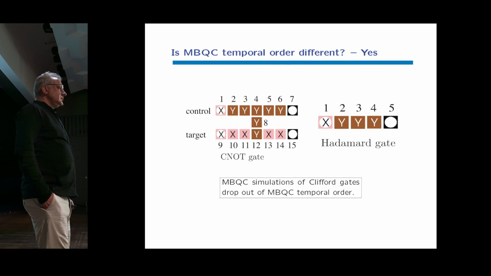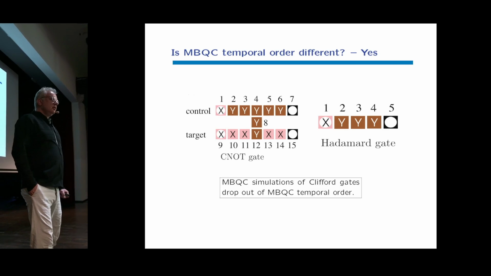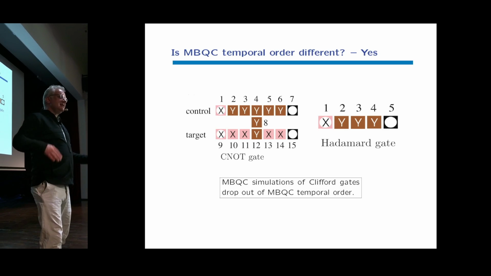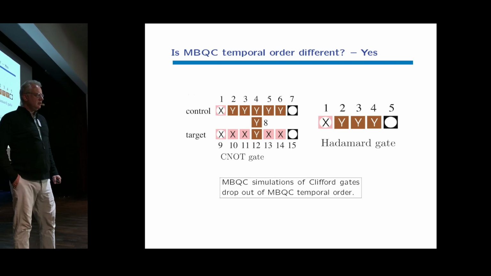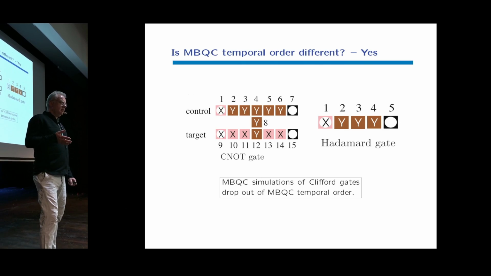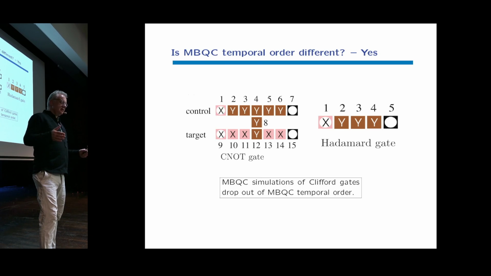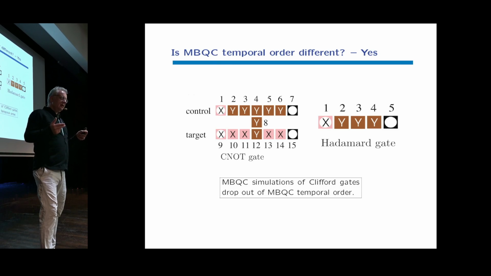Actually, yeah. If you really don't like to go to 3 dimensions, you don't have to. It's a trade-off. It's a good thing to keep in mind that if you have measurement-based quantum computation in dimension D, that simulates the circuit model in dimension D minus 1.